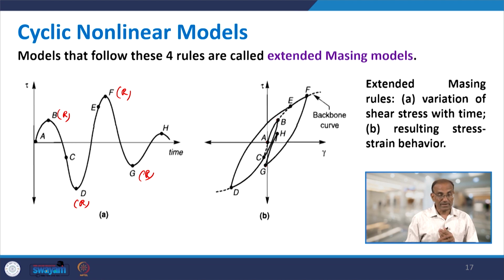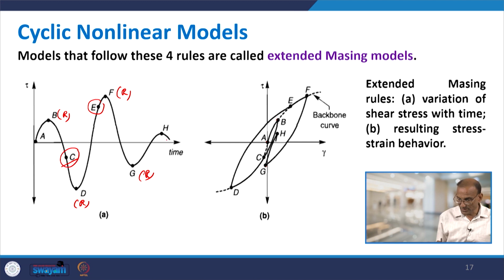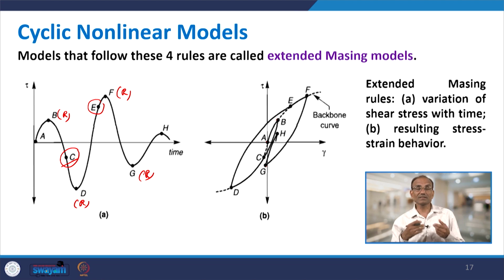So, for example, B, D, F, G and H are stress reversal points, but why are you changing your path at point C and point E as well? Because at these points, when you are moving, you intersect the backbone curve of the previous cycles.